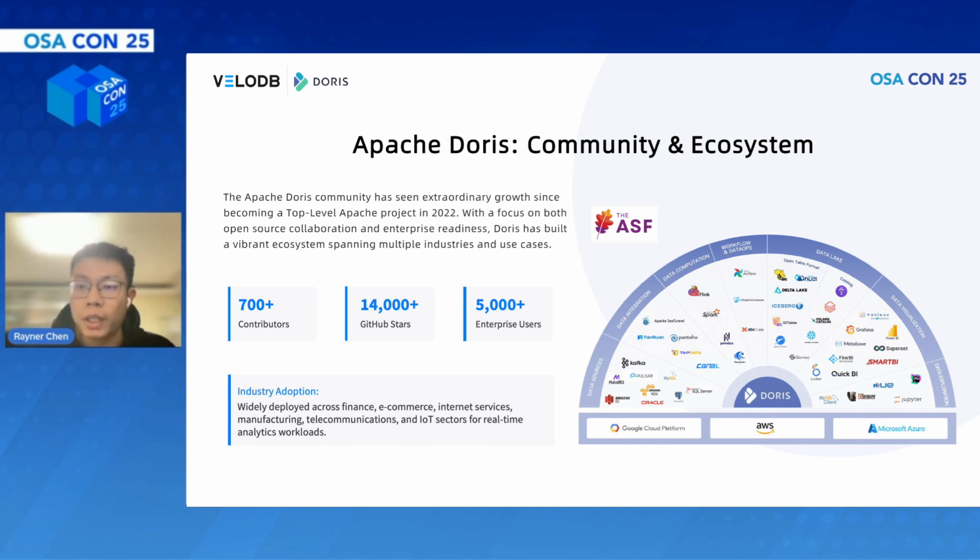Doris has been integrated with or made compatible with almost all mainstream products in the big data ecosystem, such as streaming platforms, data processing systems, catalogs, visualization tools, and more. It can also be deployed in a variety of environments, whether bare metal, Kubernetes, or cloud platforms. So users don't need to worry about compatibility with their existing infrastructure or about the complexity of introducing Doris into their stack.